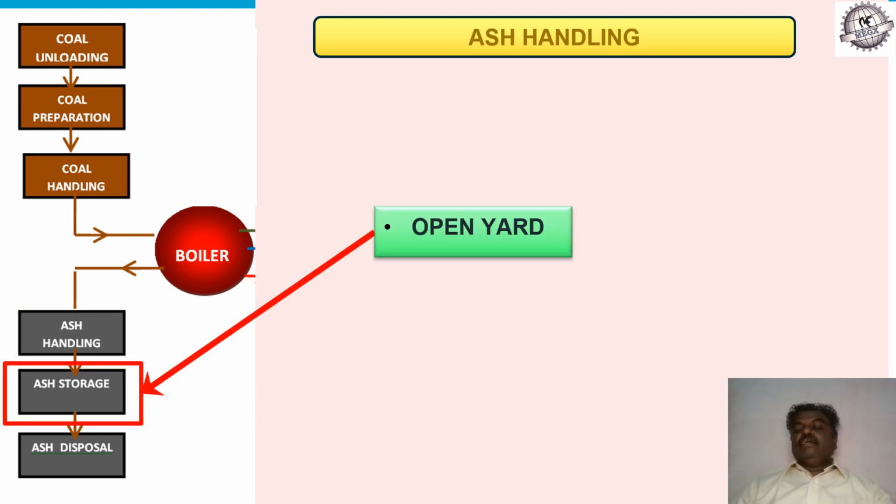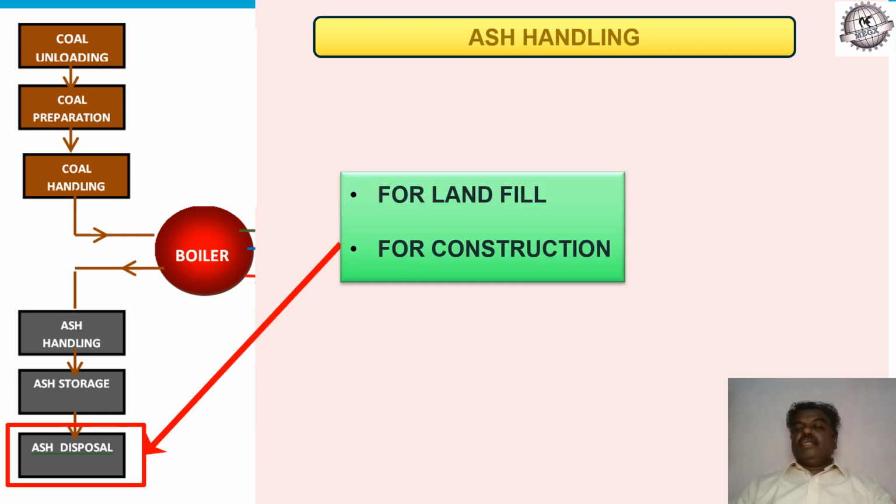And once the ash gets cooled, it has to be stored in some place. Normally, there is no separate shelf for this. The ash should be just stored in an open yard. Earlier, the final stage in the coal and ash handling circuit would be the ash disposal.